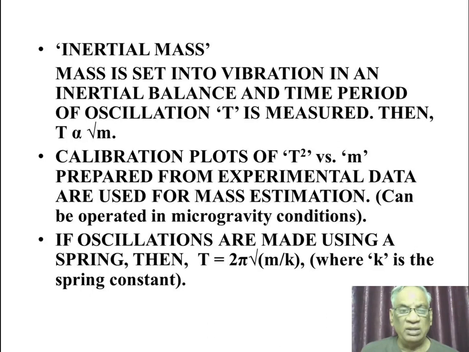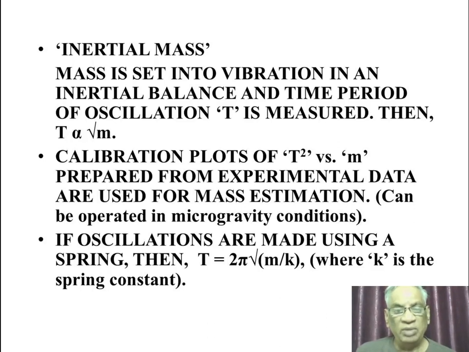Different masses can be subjected to vibration, the time periods measured, and graphs made, known as calibration plots, of the square of the time versus the mass. Using these calibration plots, we can determine the mass for which the time period has been determined experimentally. So this is inertial mass, and it is used for microgravity conditions also.